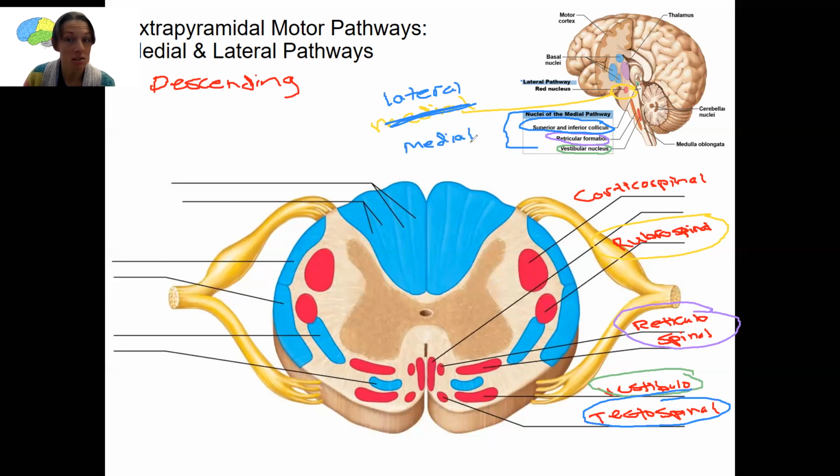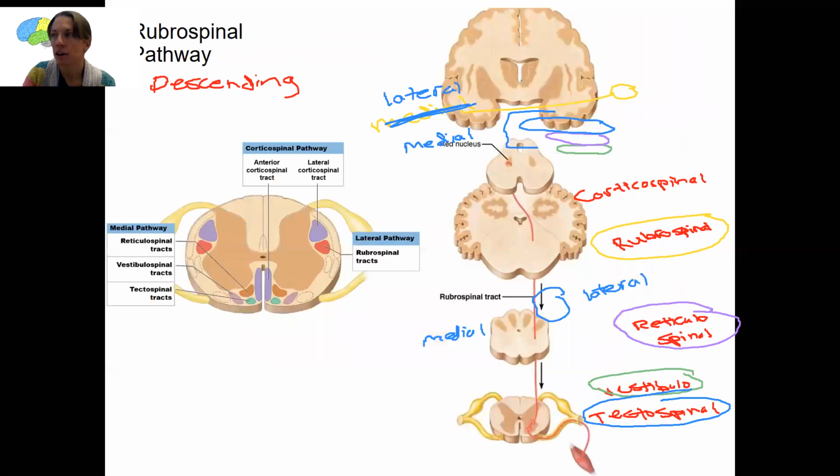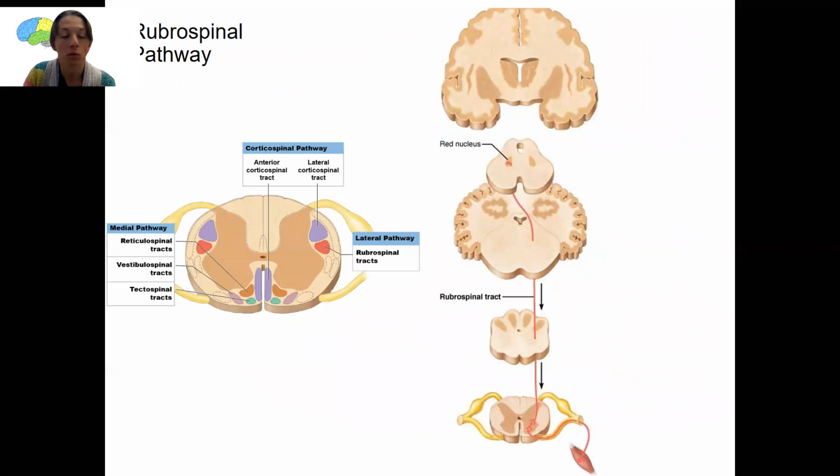That makes a lot more sense because this rubrospinal tract is on the lateral side. The other ones are much more medial. And that's all that means, really. So let's look at one of these as an example. Here is a diagram of the rubrospinal pathway.